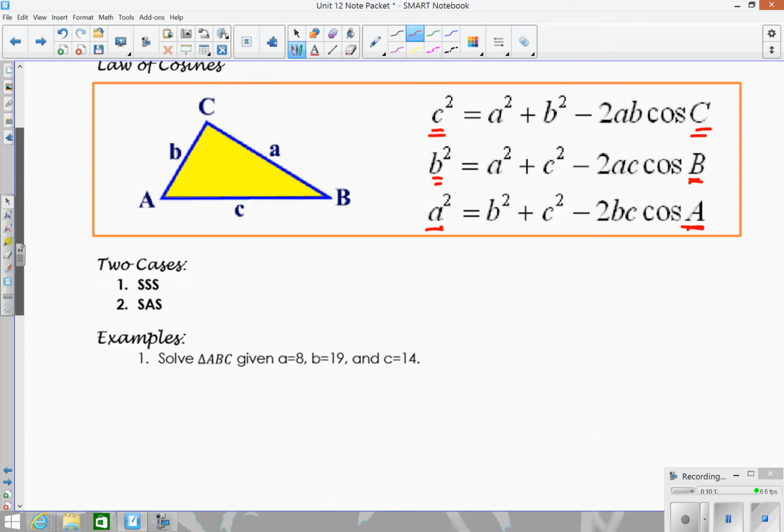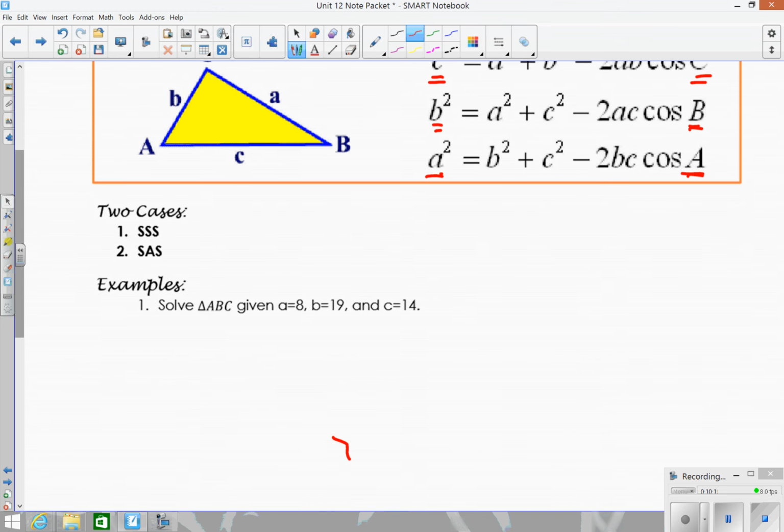So we have this triangle ABC. Side A is across from angle A, which is 8. This might not be drawn to scale.